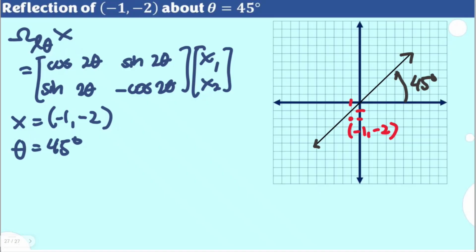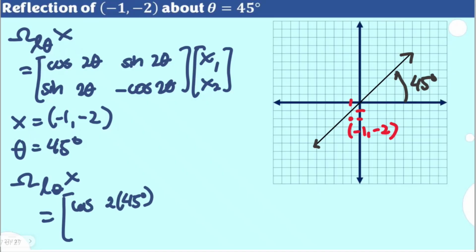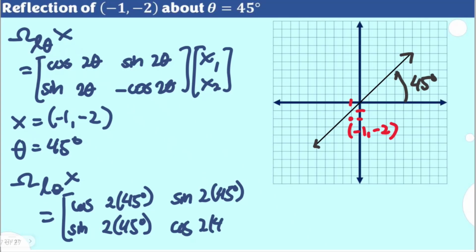Okay, so let's proceed now to the reflection of the said x point along the line of our angle. This is identified as cosine of twice 45 degrees, sine twice 45 degrees, sine twice 45 degrees, negative cosine twice 45 degrees, times your x sub 1 and x sub 2, which are -1 and -2 here.